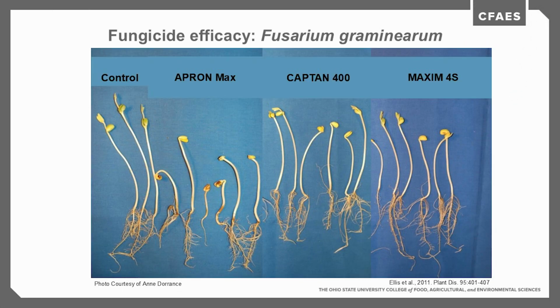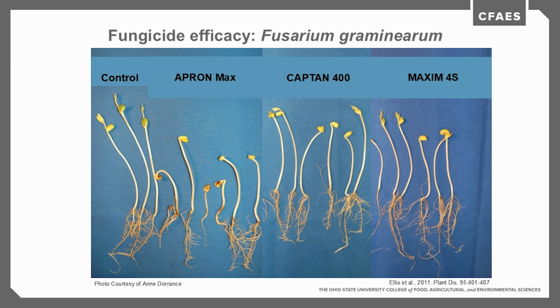Here's just to reinforce what I was saying about selecting active ingredients. This is an example where we inoculated these seedlings with Fusarium. So this is a true fungus. And when we use a fungicide, such as Captan or Maxim, that actually will target this organism, we do a really good job, as you can see there, when we compare to the control.